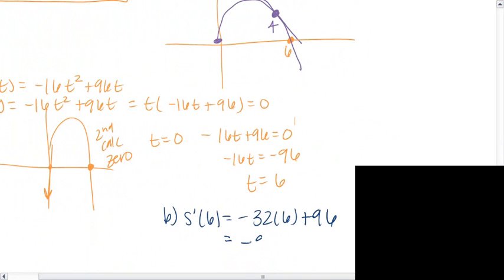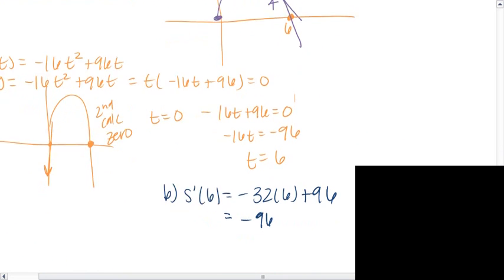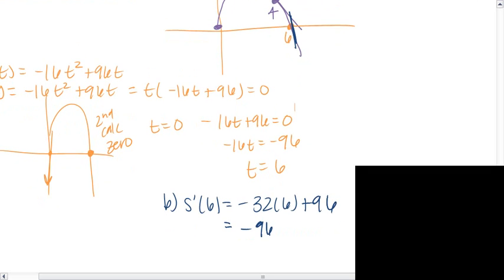I'm getting a negative 96 here, which means when the ball hit the ground, the slope of that tangent line, so this line right here, sorry, that's a bad line, its slope would be negative 96. So the velocity there would be negative 96 meters per second.